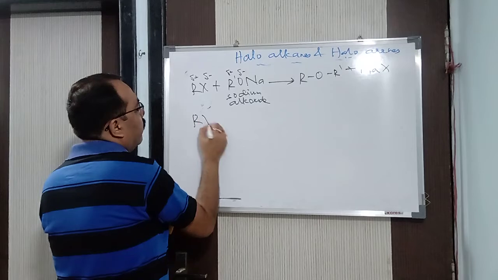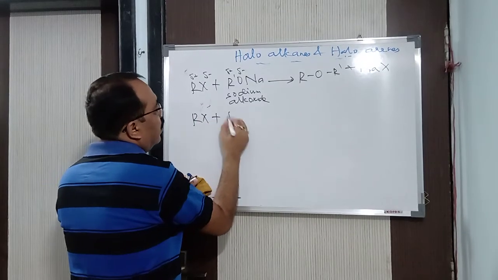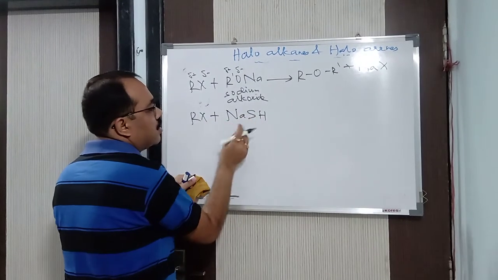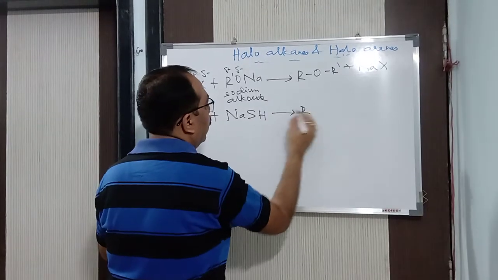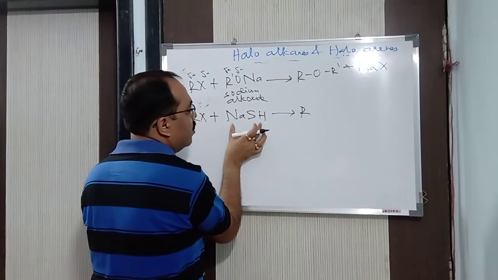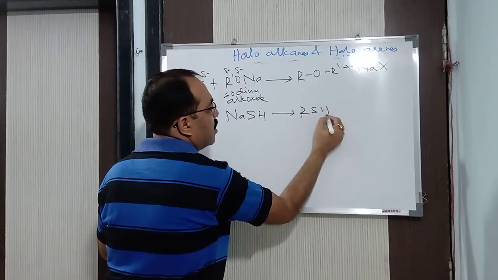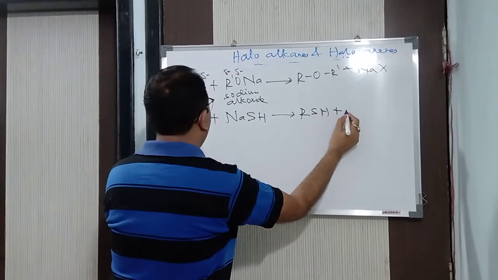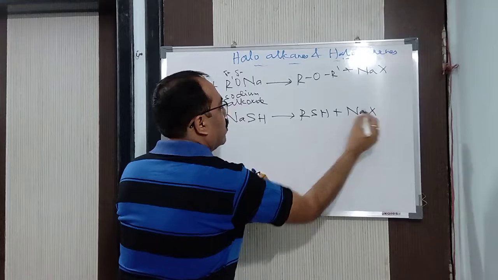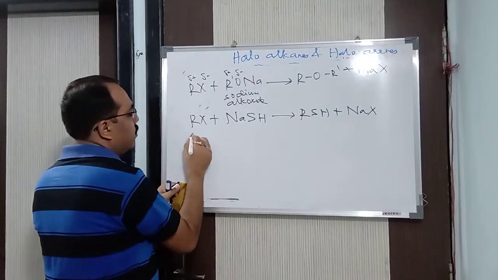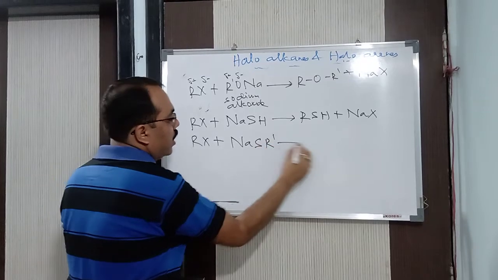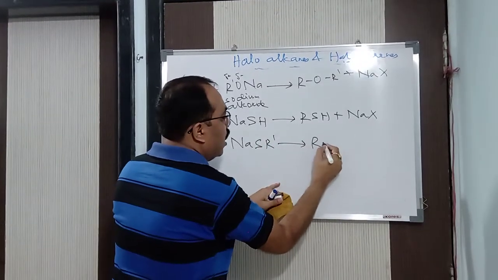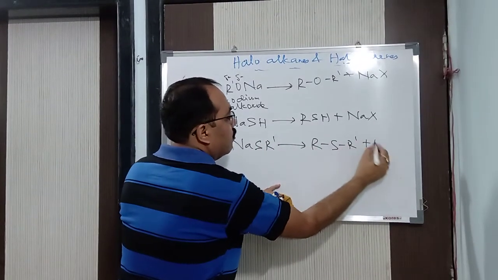Similarly, when RX reacts with NaSH, sodium hydrogen sulfide, I get a thioalcohol, RSH plus NaX. Similarly, when RX reacts with NaSR dash, I get RSR dash plus NaX.